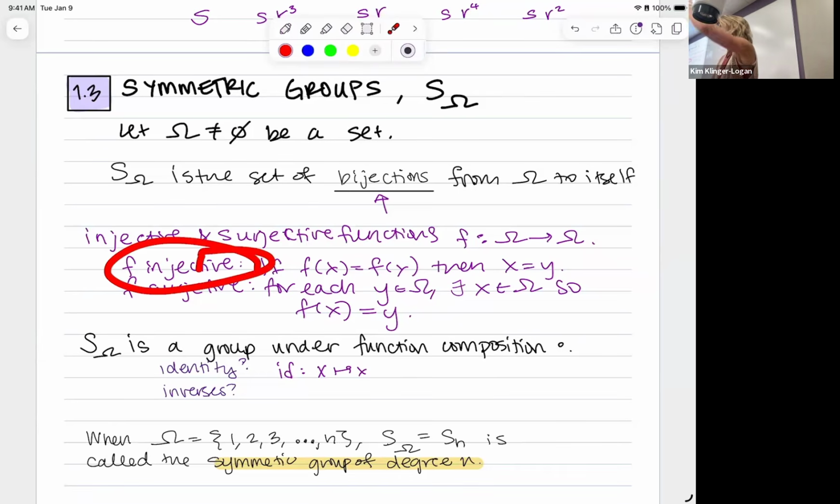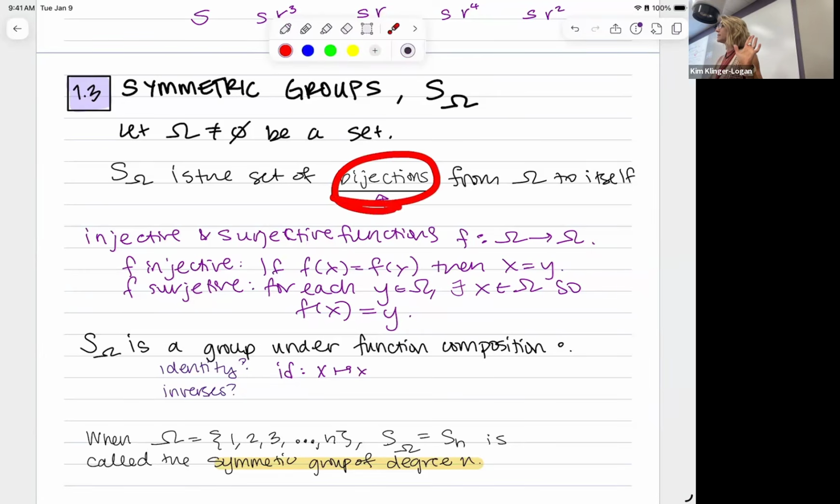Because what would happen is I would have one element in the codomain that when I tried to invert it, it would go two different places, right? And that would not be a function. But since we have a bijection, we can nicely define an inverse for every single element in S Omega. So inverses are just inverse functions.